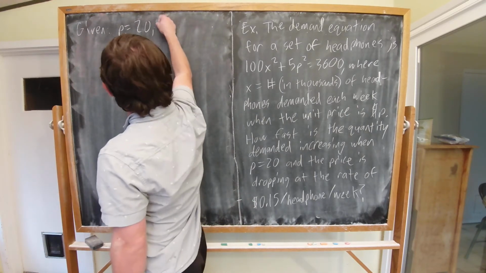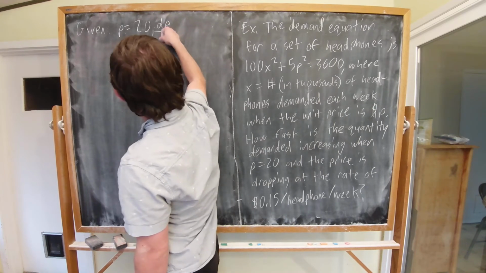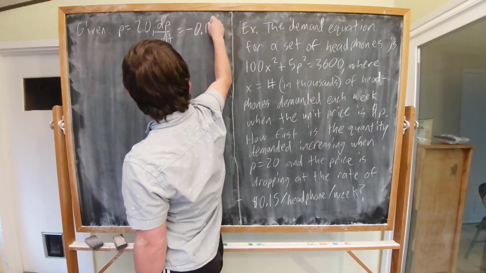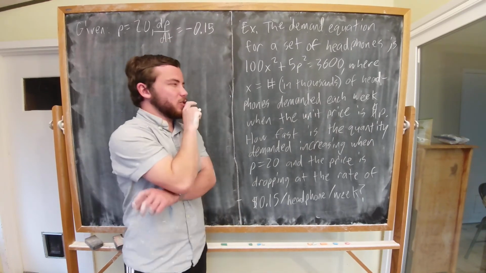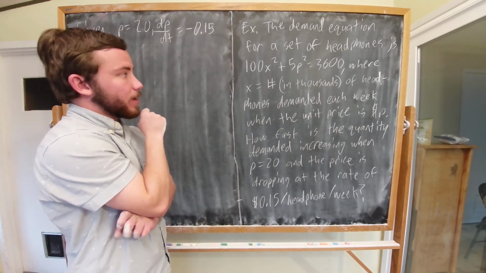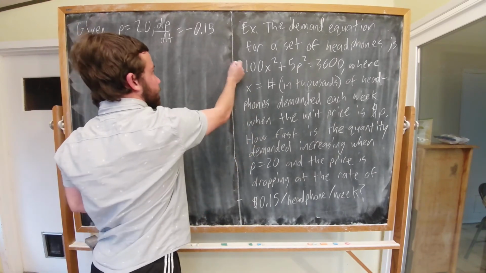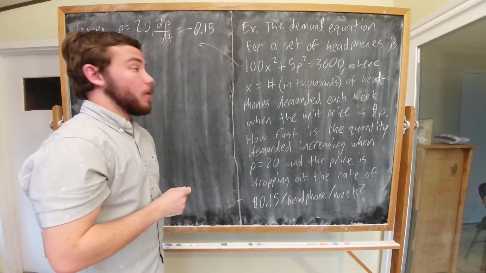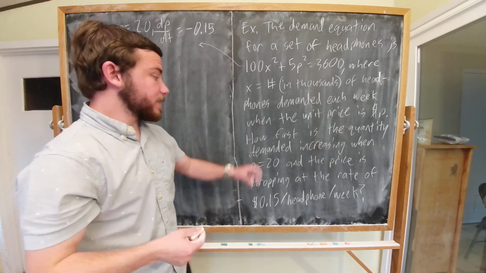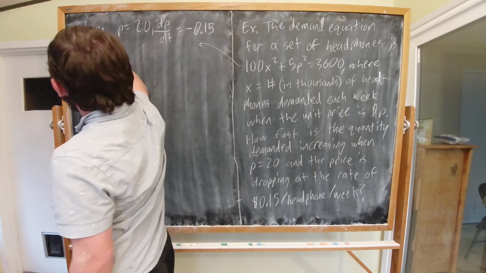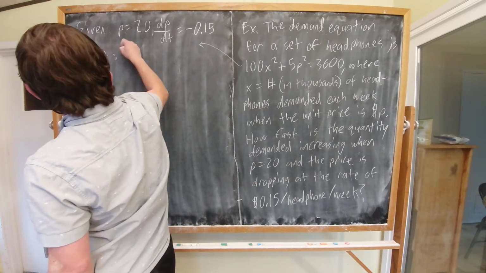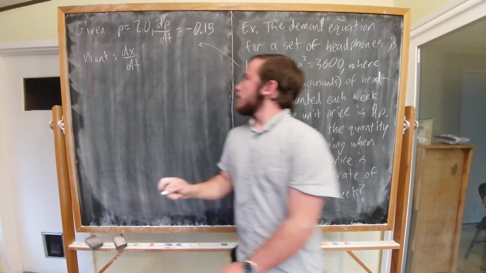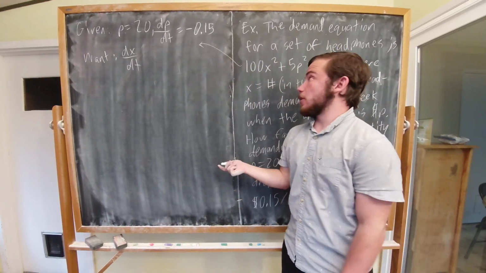So, dp/dt is equal to negative 0.15. Do I know anything else? I still know this, right? That whole thing. Okay. Well, what do I want? I want dx/dt at that instant. Okay? Well, let's go and get it.